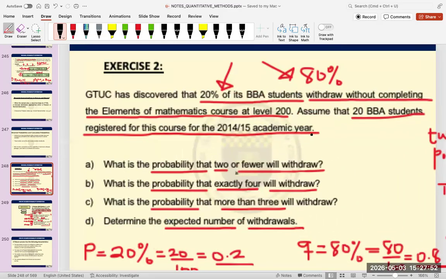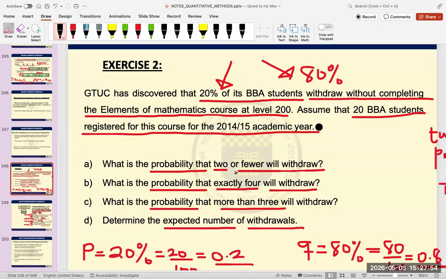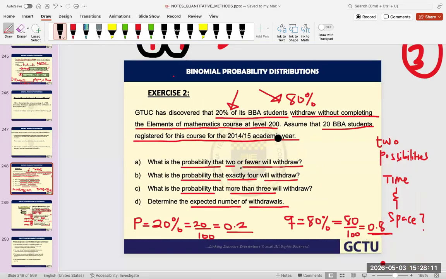So upon further reading, we realize that it says that assume that 20 BBA students registered. So this is representing number of students. Assuming that 20 BBA students registered. So N is 20.